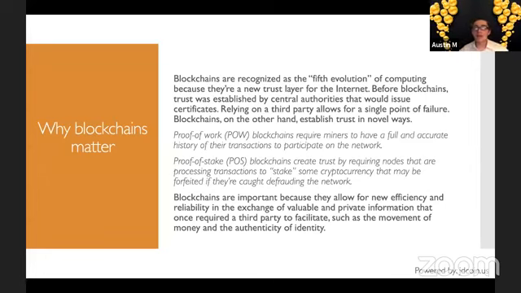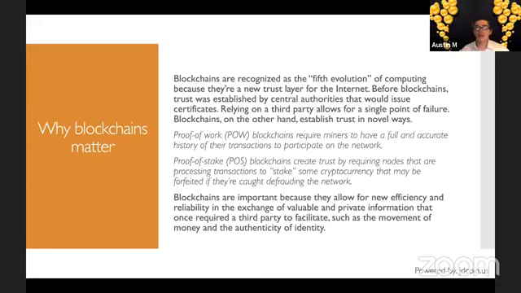But on the other hand, blockchains establish trust in different ways. So one of the mechanisms is the proof of work mechanism, where it requires the miners to have a full and accurate history of their transactions to participate on the network.